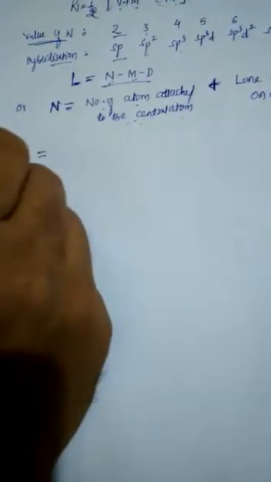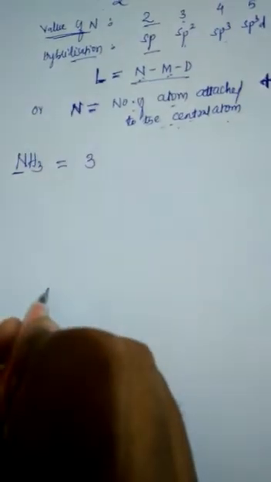Let us see the first one. I will take the ammonia molecule. Only two things are required. First, see the number of atoms attached to the central atom. Which is the central atom here? Nitrogen. And how many atoms are bonded? Three hydrogen atoms.